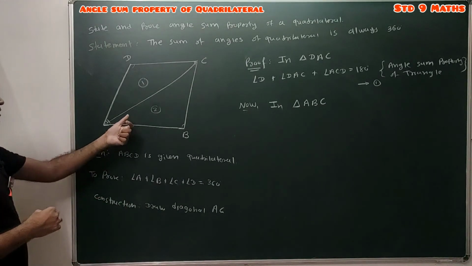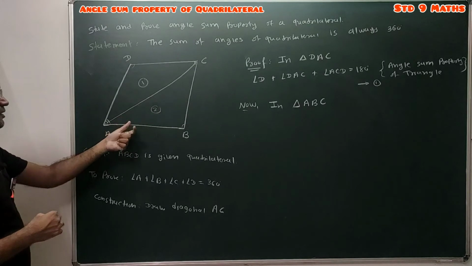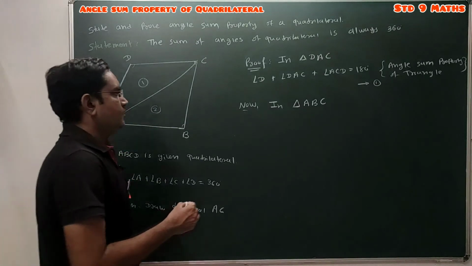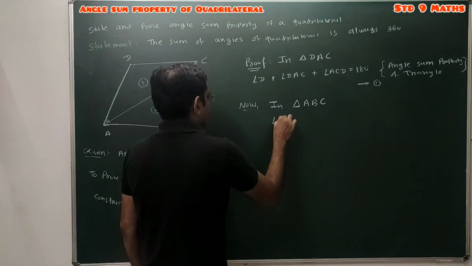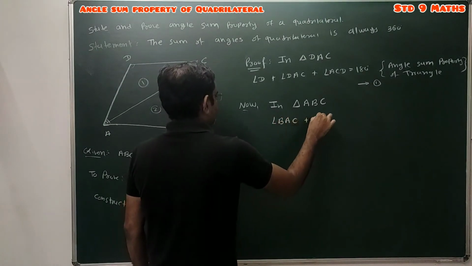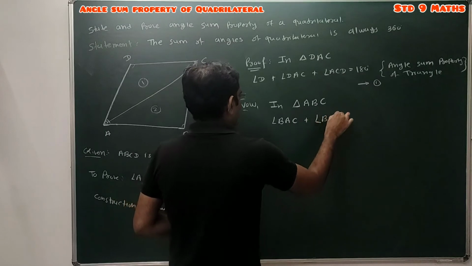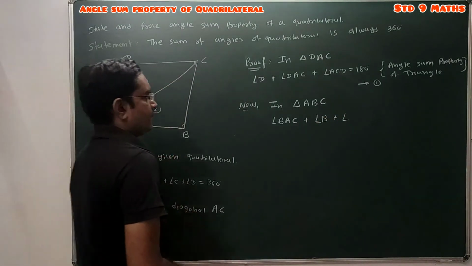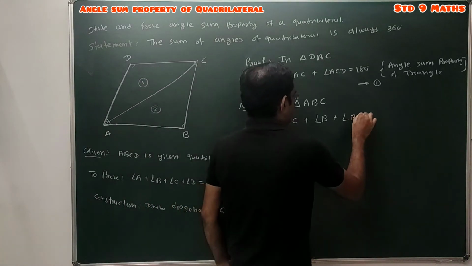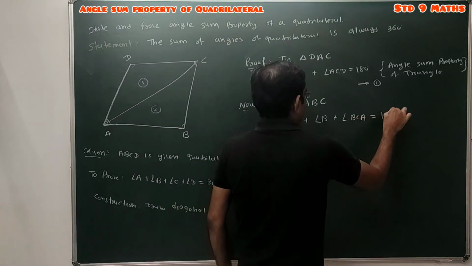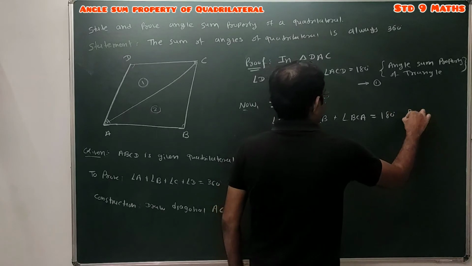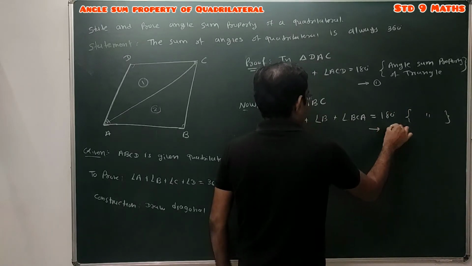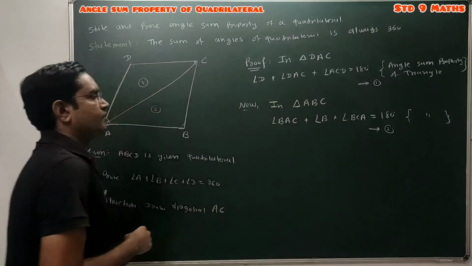Writing this angle A as BAC, angle BAC plus angle B plus, writing this C as BCA, angle BCA equal to 180 degree. Again same reason, angle sum property of the triangle. Say this one as result number 2.